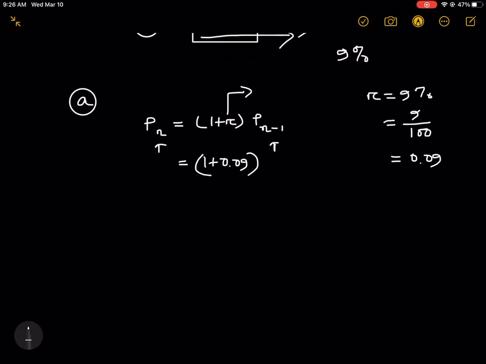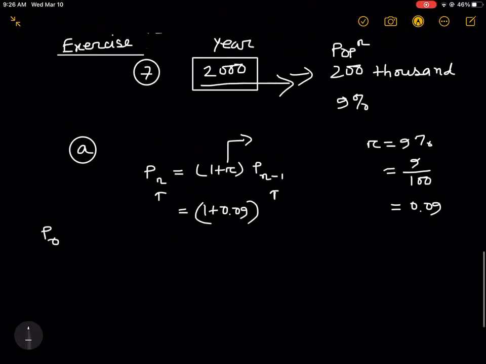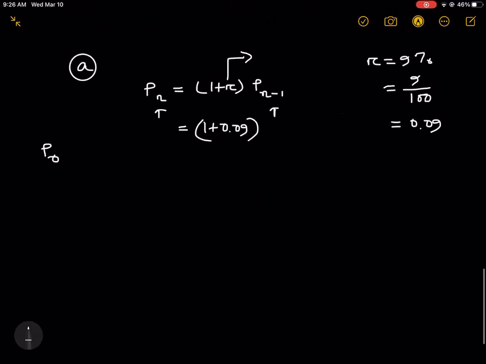If it was P naught, we would have straight away written 200,000, because it's the starting population, right? But is it P naught? That's the tricky part. Exactly. So we'll keep it like this because we don't know which n we are looking for.